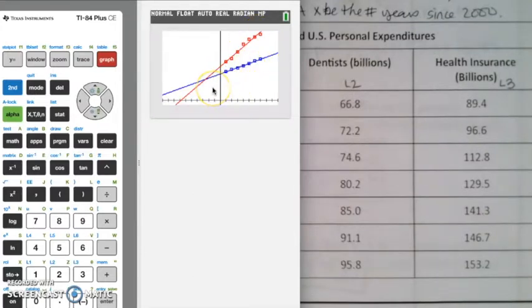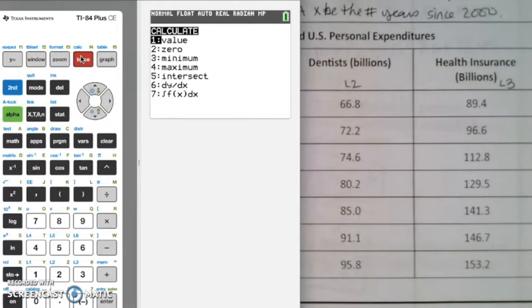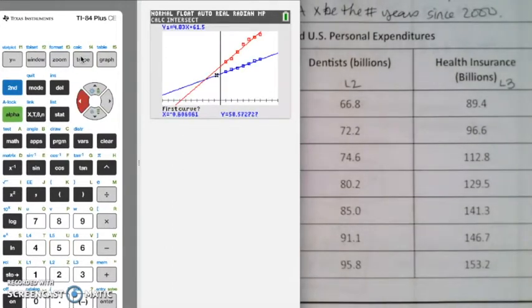Okay, now the question was, where do they intersect? So we're looking for that point. So we do second, calculate, intersect, and we go down to where they intersect. Enter, enter, enter, and they intersect at this point.